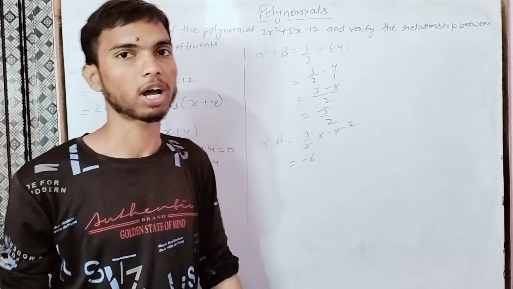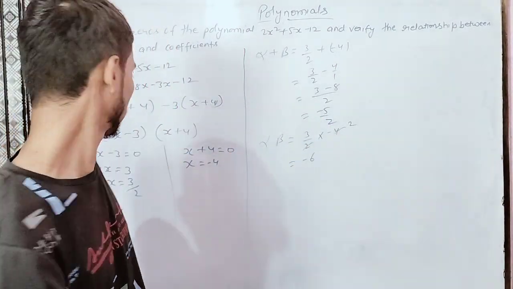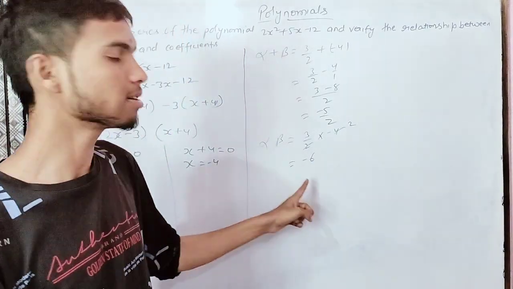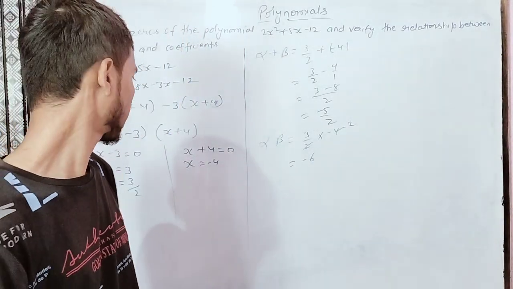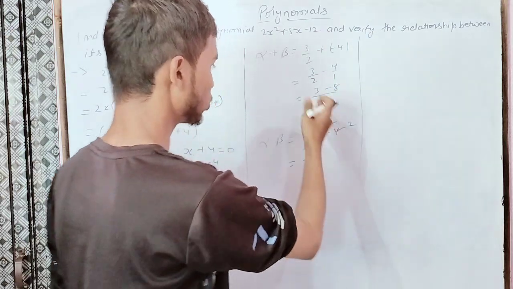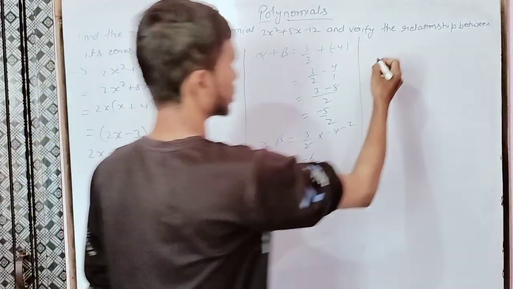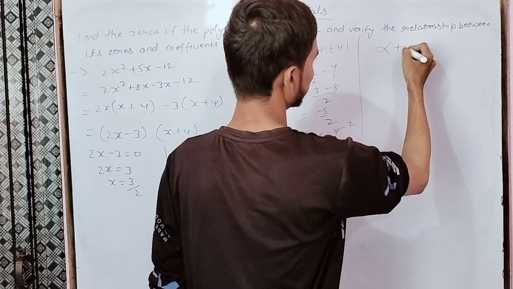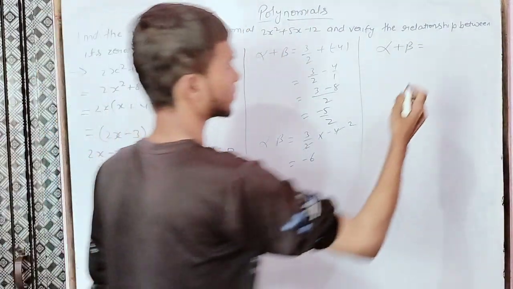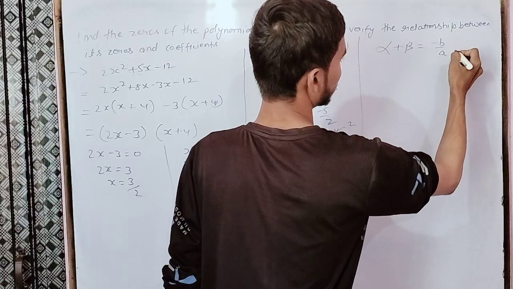is minus 5 upon 2, and the product of two zeros is minus 6. Now as you know, you can use this method. Otherwise, as you know, alpha plus beta is what? Minus b upon a.